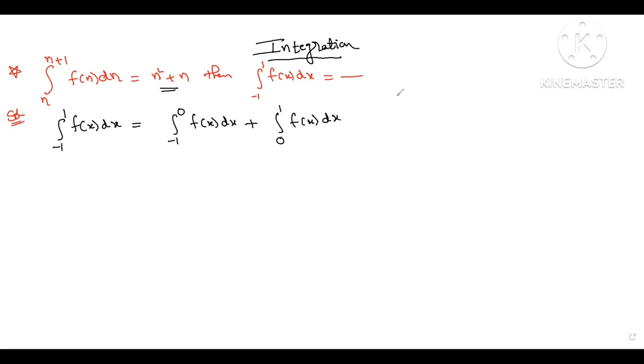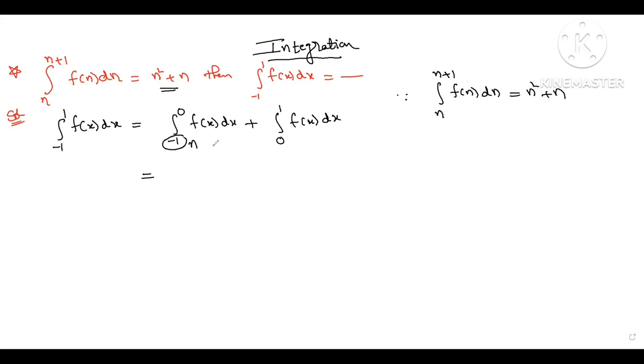But from the statement, what is given here? The integral n to n plus 1 f of x dx is equal to n square plus n. Now we should apply this condition.